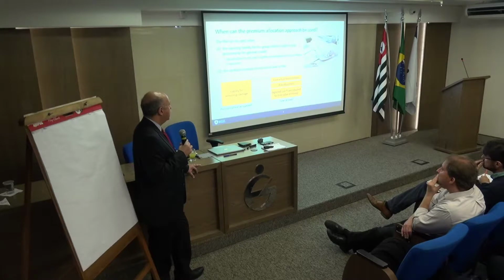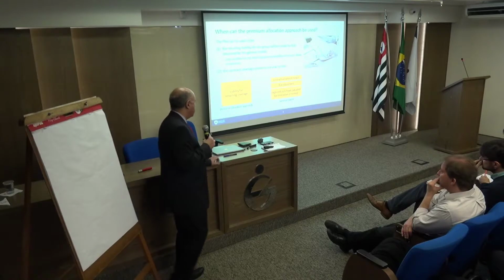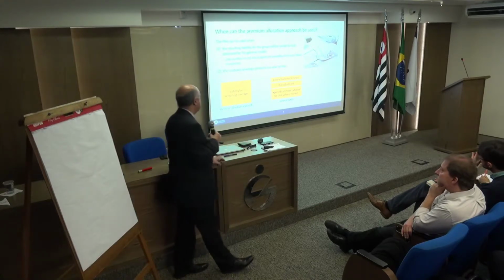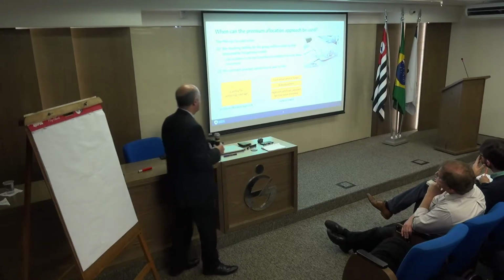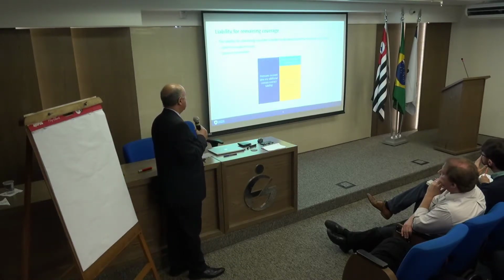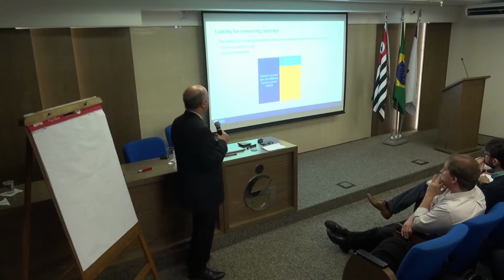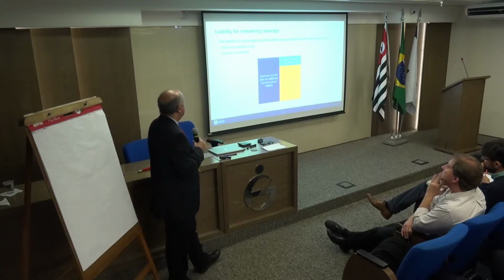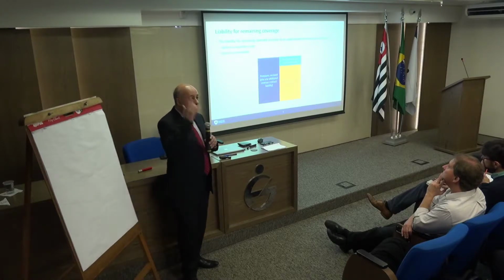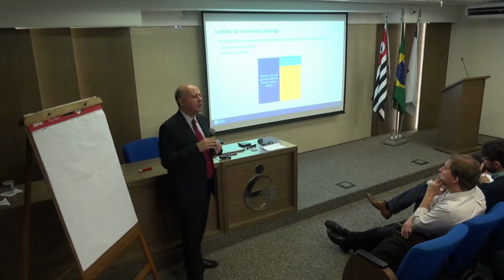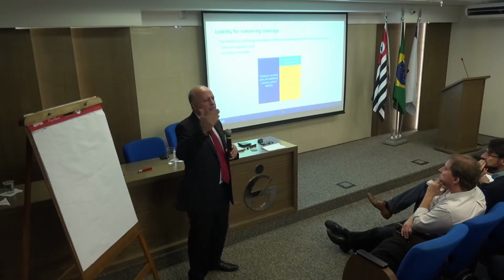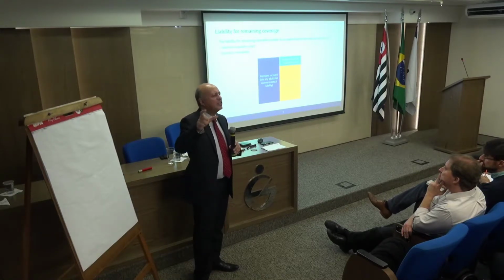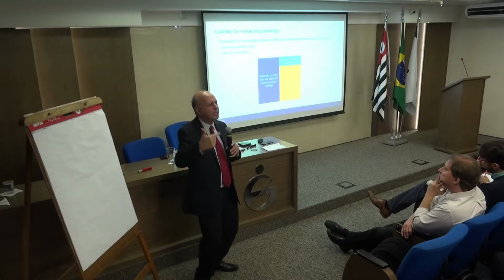Let's look at an example of how this works out numerically. Here the liability for remaining coverage works like the concept of unearned premium reserve. The unearned premium reserve is a reserve that you establish because the premium has not been earned.